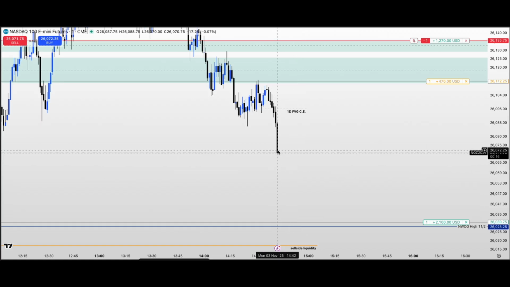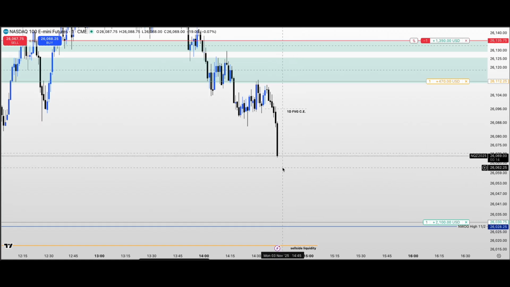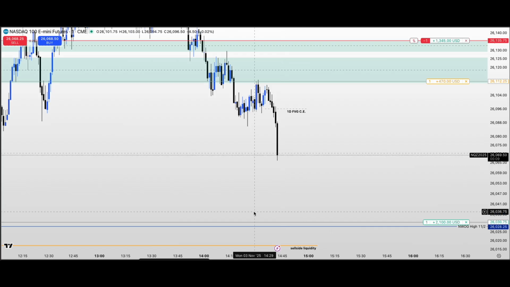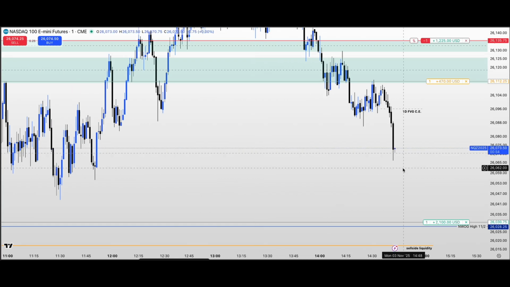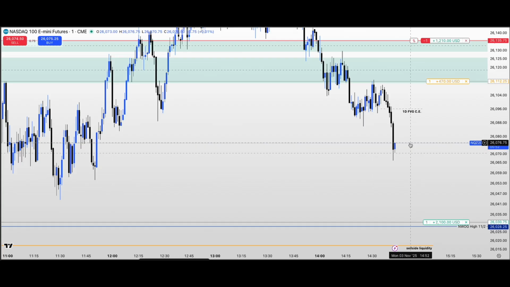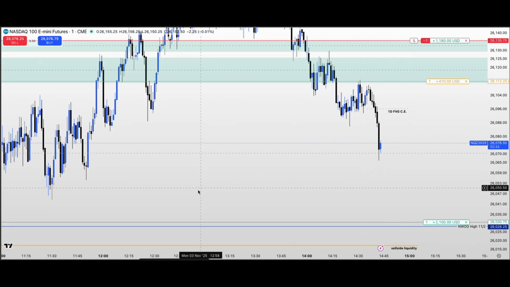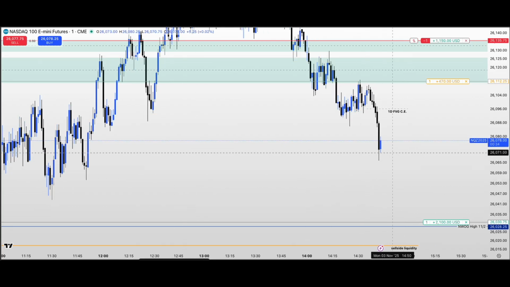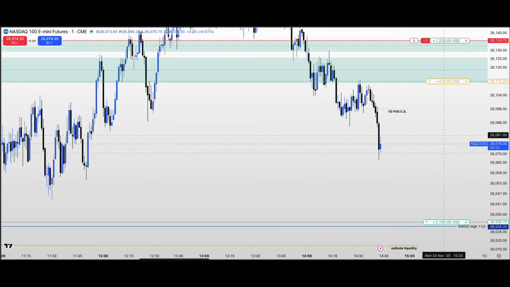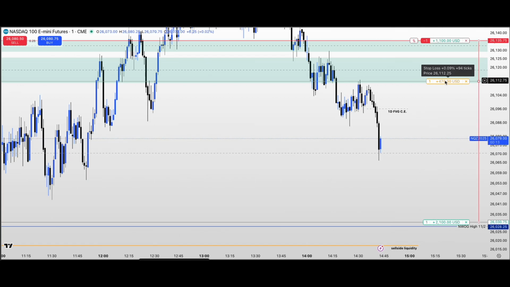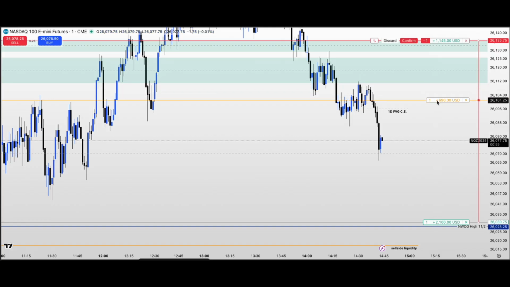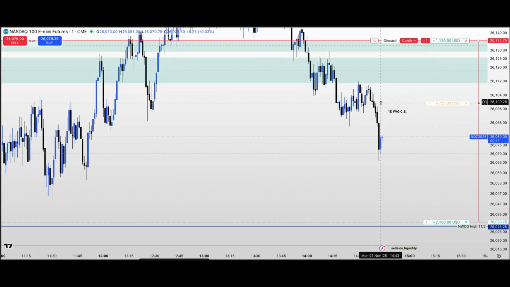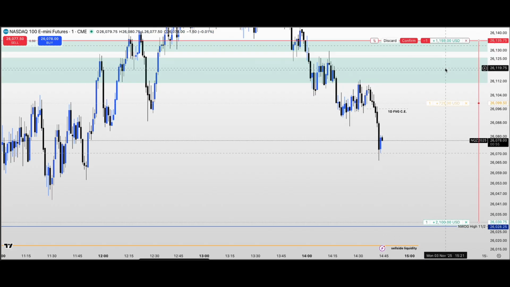I'd like to see strong displacement past here and close below. Perhaps use that as support. Okay, close above. I think it's fair to expect some resistance here. Gonna trail stop to this candle's high.